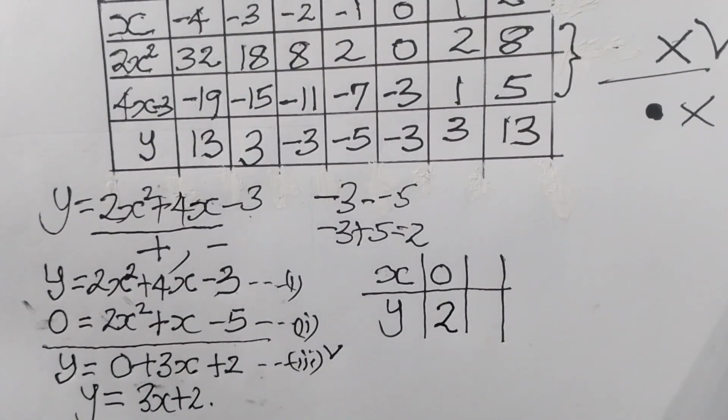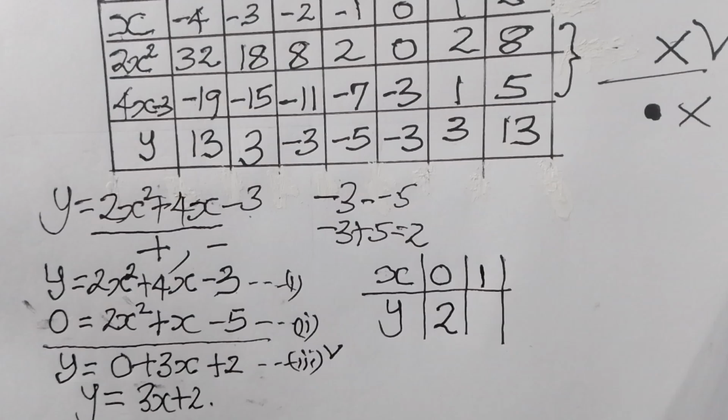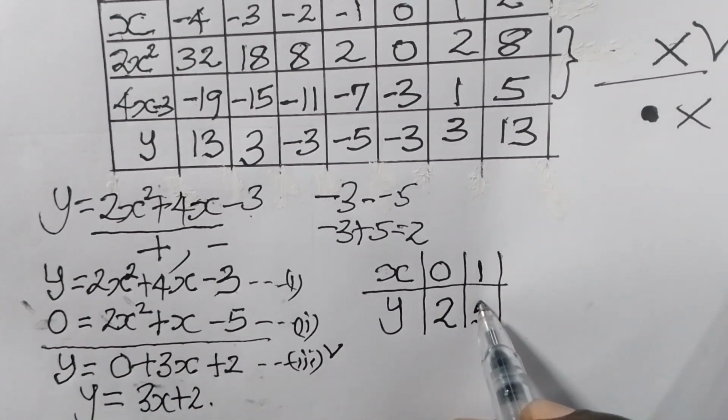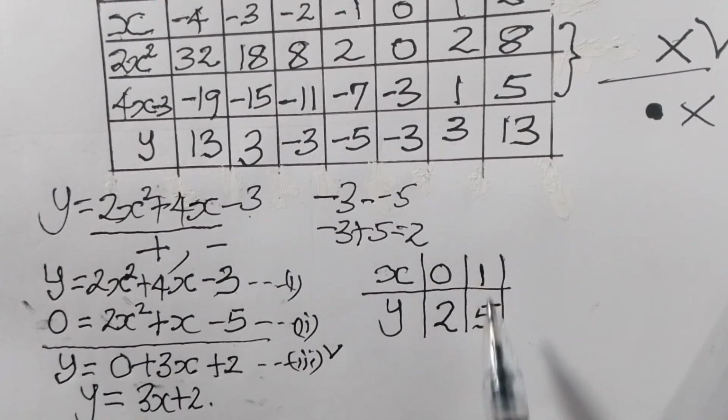When x is equals to 1, put 1 here, y will be equal to 5. So we now have 2 points, 0, 2 and 1, 5.